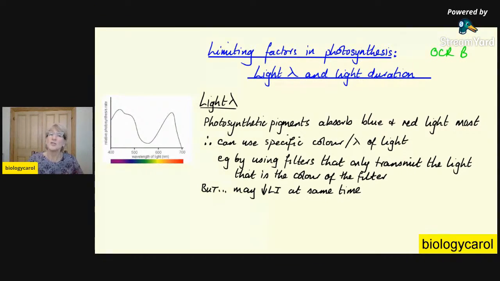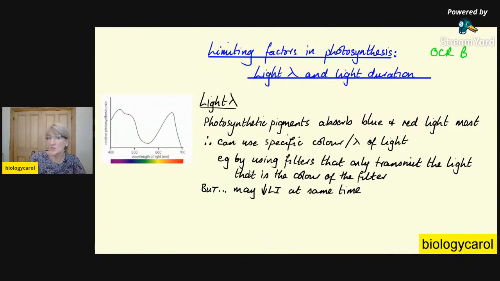And that means that you can put a filter over a white light. If you put a red filter over a white light, only red light is transmitted through the filter. In other words, only red light passes through the filter, and therefore only red light will hit the plants.